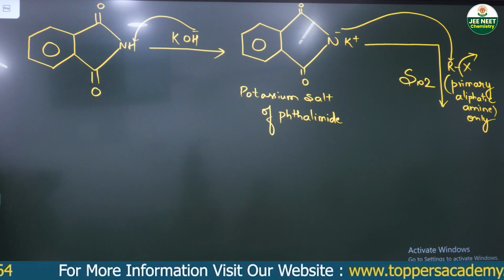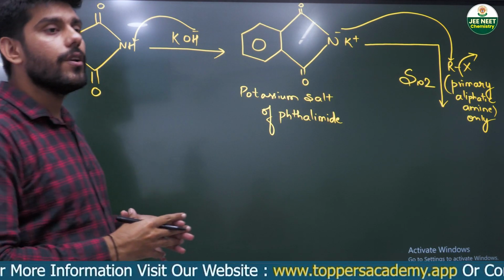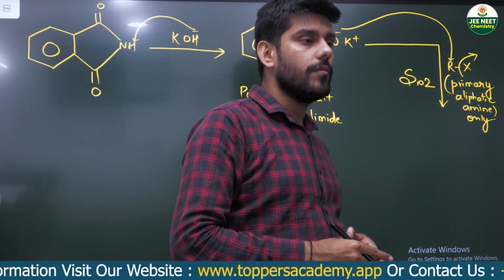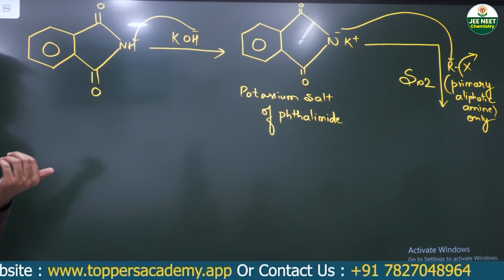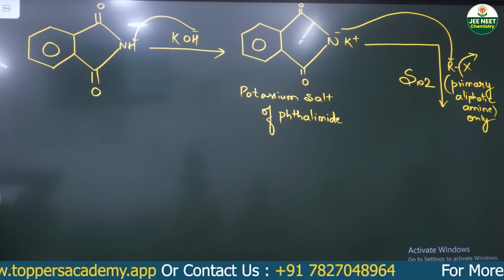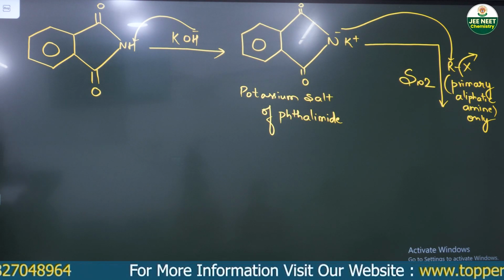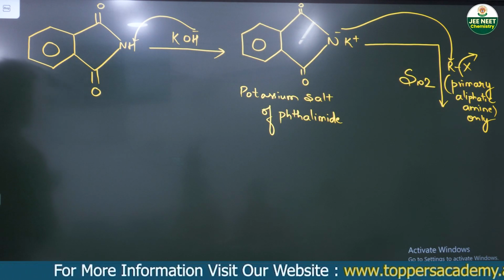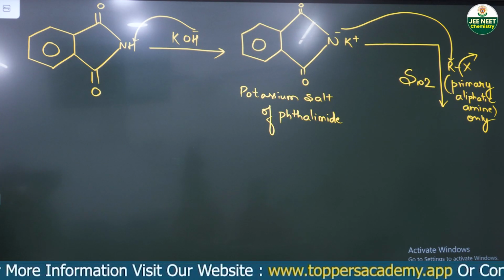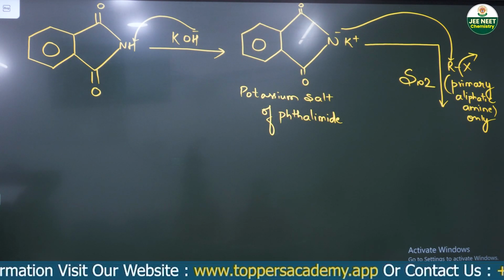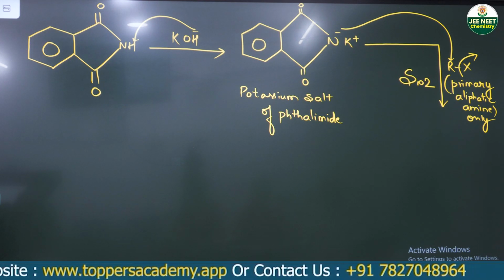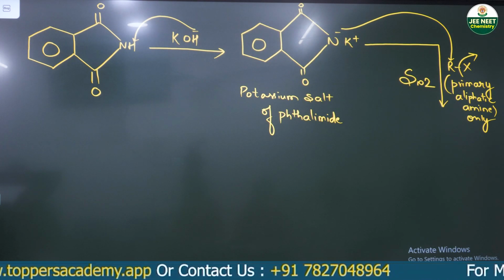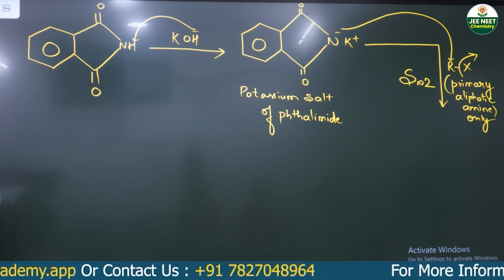We discussed the addition-elimination and elimination-addition reactions, where the reaction proceeds via a benzyne intermediate as in Dow's process. So please remember, this is your primary aliphatic amine. Is that clear? So what do we get?